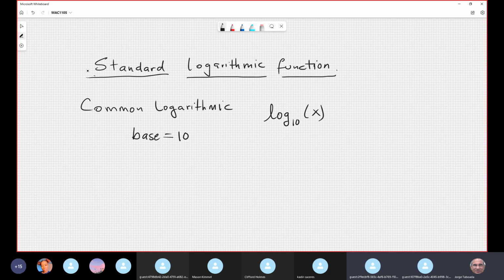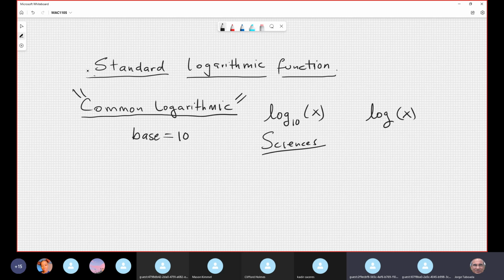This is especially used in science, chemistry, physics, and so on. In the calculator you see only log, because when you work with the common logarithm, by default the base is 10, and you don't need to specify it. When you see a logarithm without specification of the base, it's because of that. End of the story.